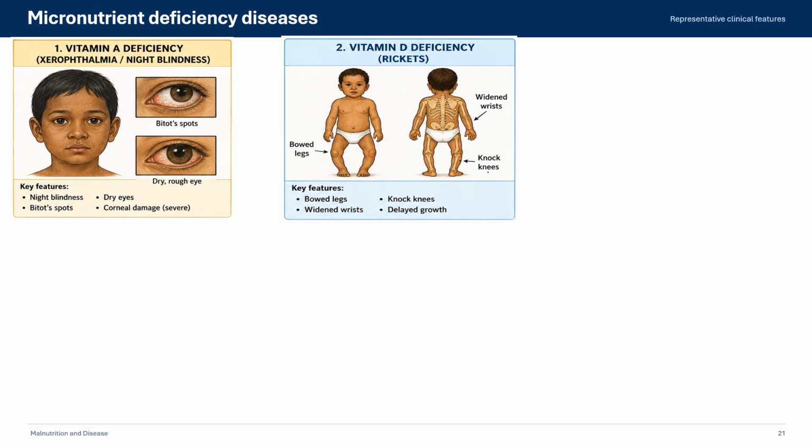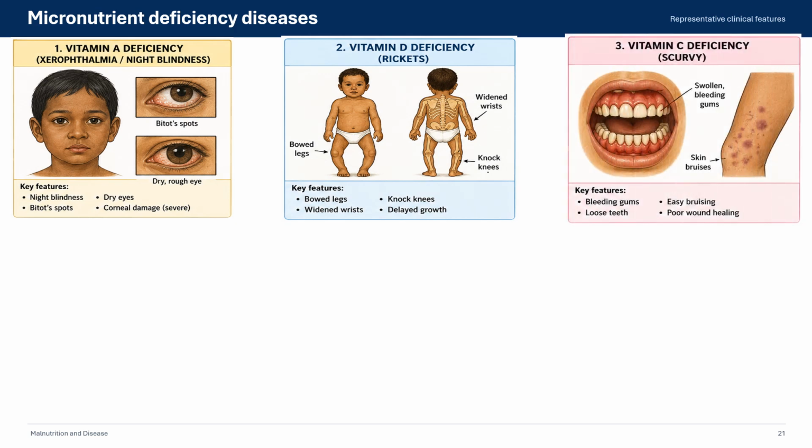Common causes of this include insufficient sunlight exposure, inadequate dietary intake, and malabsorption disorders. Therefore, prevention includes adequate sunlight exposure, consumption of vitamin D rich foods such as fish, eggs, milk, fortified foods, or vitamin D supplementation.